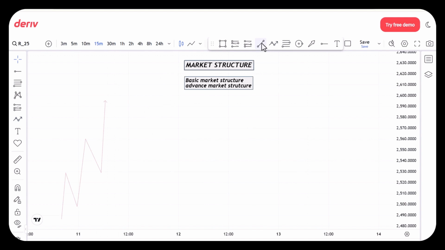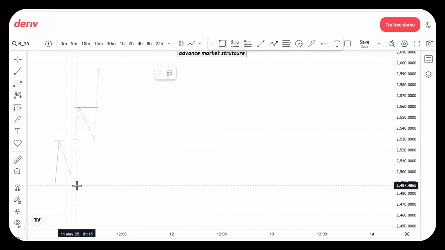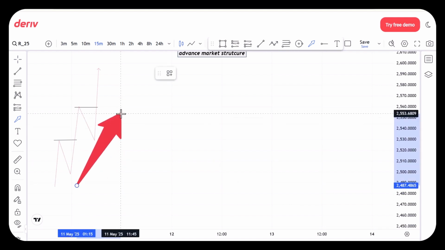Such a market should give us a continuous break of structure to the upward direction, like this. So this is a break of structure, this is a break of structure. These are the two characteristics of a bullish market: the market creates higher highs and higher lows, and you have continuous break of structure towards the upward direction. So we said this particular market is a bullish market because it's trending towards the upward direction.